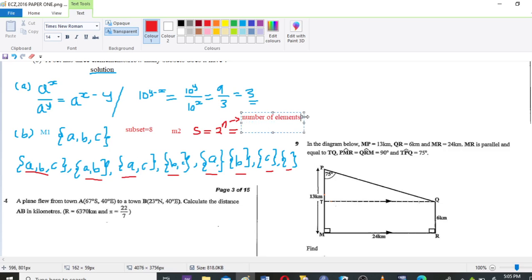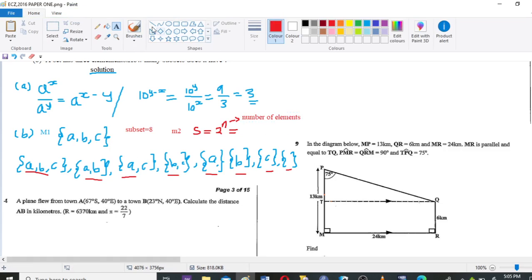So we get 2 to the power, how many elements does this set have? It's 3. So 2 raised to the power 3 gives us 8 subsets. All right, so these are the methods you can use.